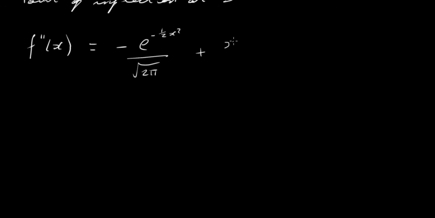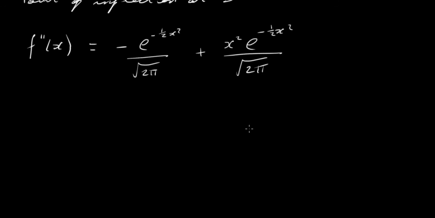We got a second differential here. Our second differential was, let's see, minus e to the power of minus a half x squared over the square root of 2 pi plus, over here we had an x squared, e to the power of minus a half x squared over square root 2 pi.